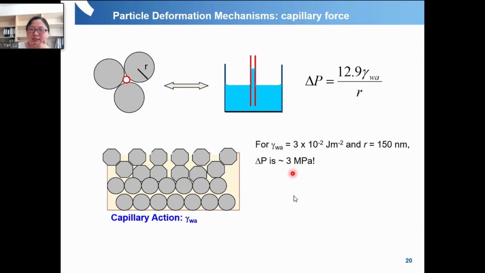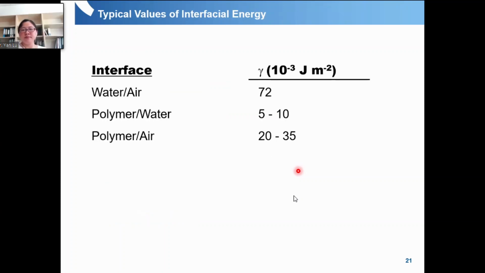That's why it will lead to the deformation of the particles in that case. Here I just give you some typical values, so you should know in which range this kind of interfacial energy lies. This is just for your knowledge, to know how large the number should be.